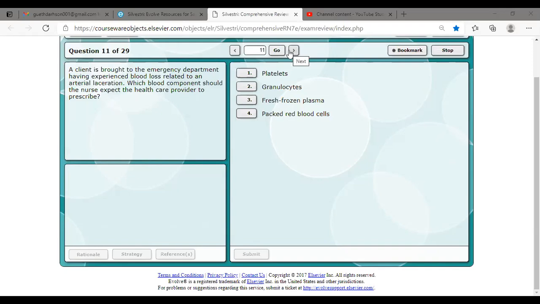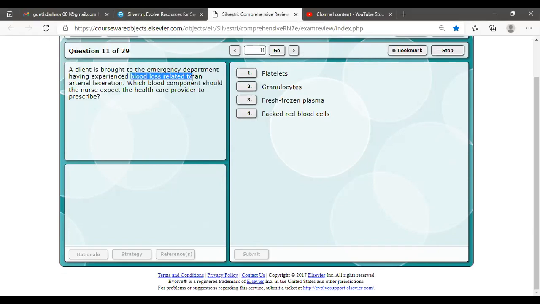I'm going to explain this question in a different way. So the client is brought to the emergency department having experienced blood loss related to an arterial laceration. My friend, blood loss, which one do I give?